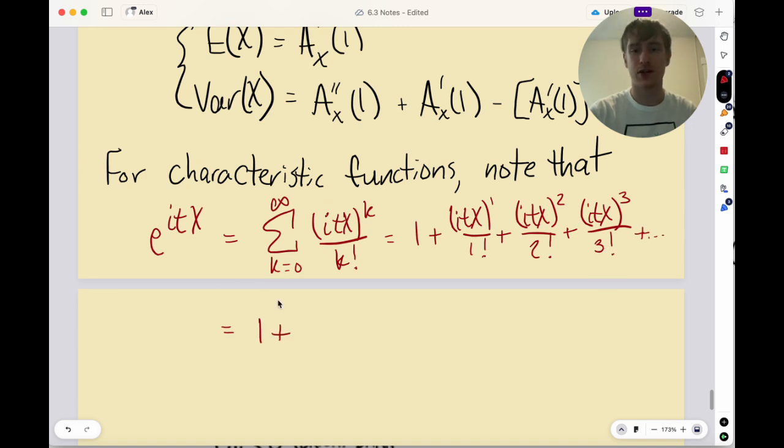The second term is just itX divided by 1, which is just itX. Now we're squaring the i, the t, and the X. When you square i, remember again that i squared is equal to -1. So we're actually going to be subtracting t squared X squared all over 2 factorial, which is 2 times 1, or 2.